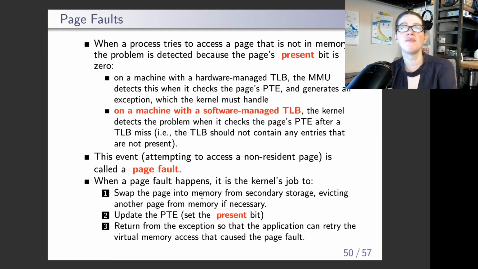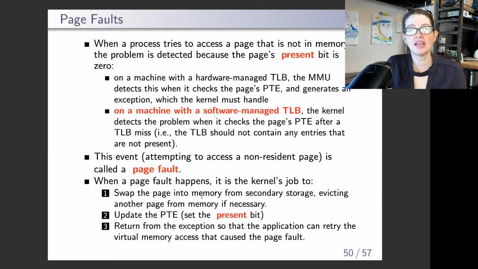Or you could simply have the kernel manage the TLB to make sure that the TLB never contains anything that isn't present. That's totally doable, because we're going to detect our page faults, which means the page is not in physical memory, on a TLB miss. So we're going to say that our TLB only contains things that are present. So when we do a lookup in the TLB and we don't find it, we throw an exception.